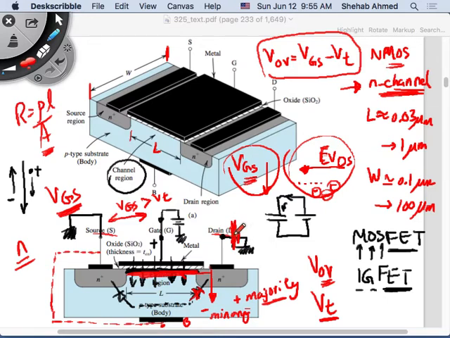If I add this voltage with respect to ground, which is the source, and the source and body are connected to each other, right? I've added this external electric field that is going to see these electrons here. And they're going to do what? They're going to move against the electric field. The electrons will move against this electric field created by this additional drain-to-source voltage, creating current in the same direction as the electric field.